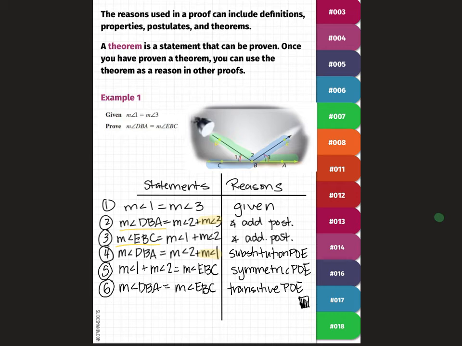And I'm done. Now, your thinking may have been different, but as long as you can logically get from the given to the proof and make it work and make it be logical, then you're okay.